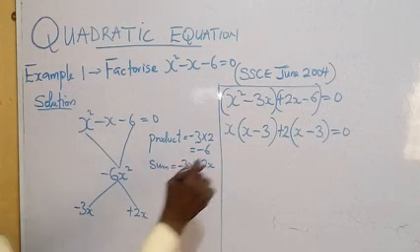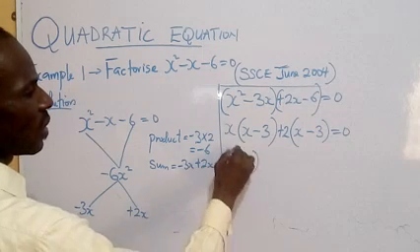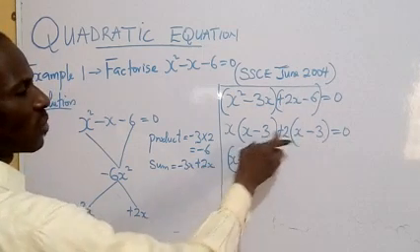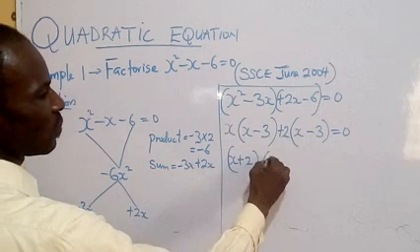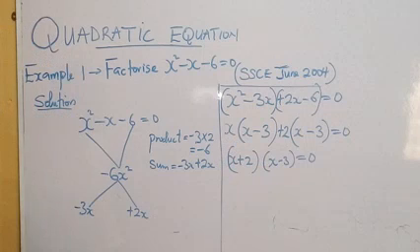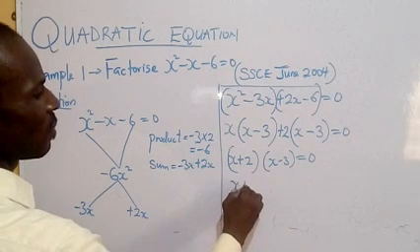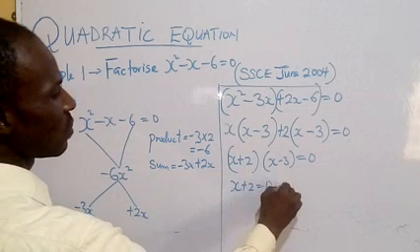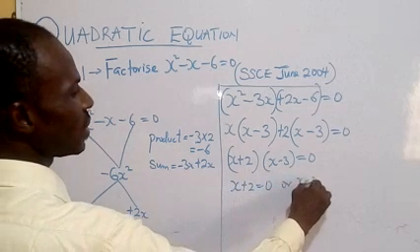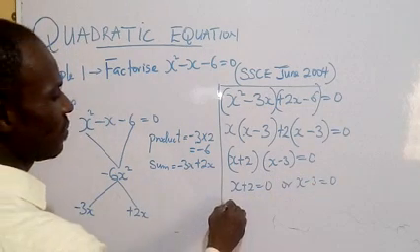Therefore we have x plus 2 and x minus 3 as common factors. So x plus 2 equals 0, or x minus 3 equals 0.